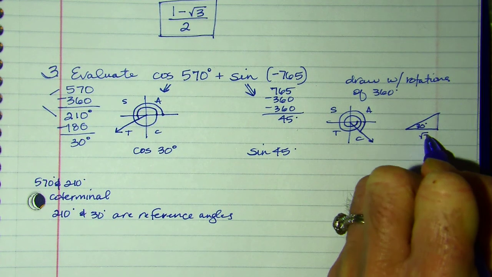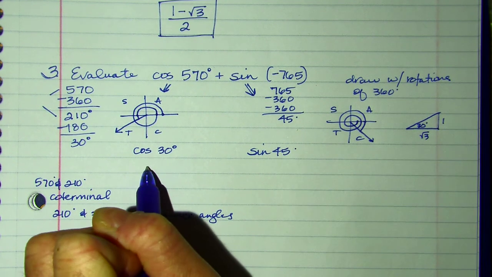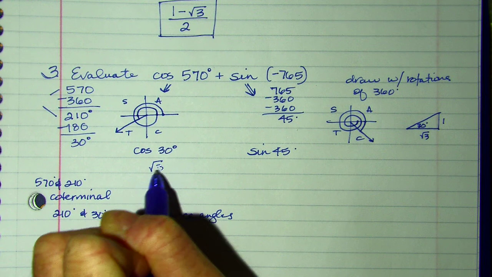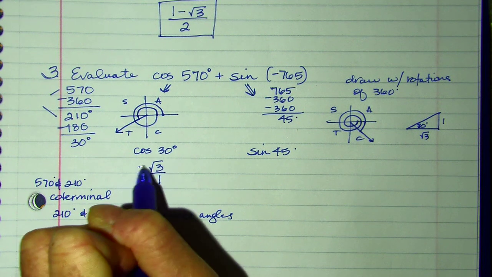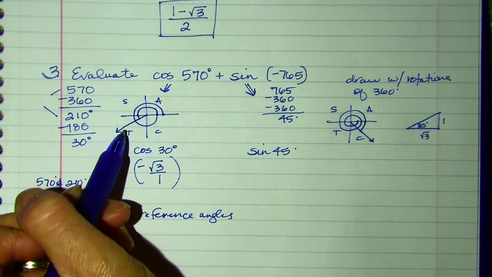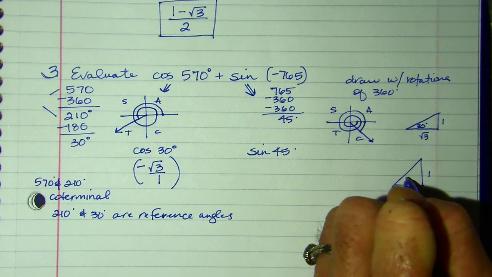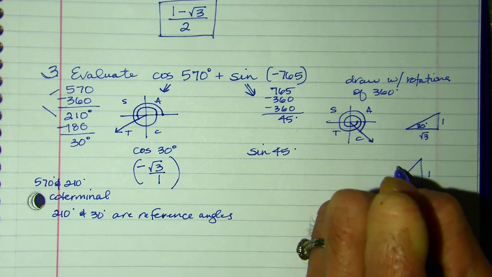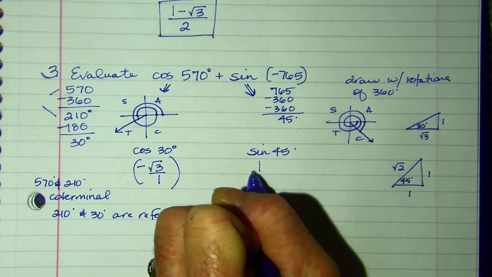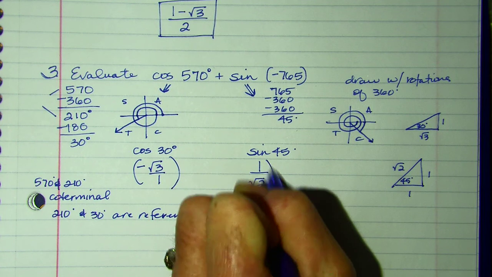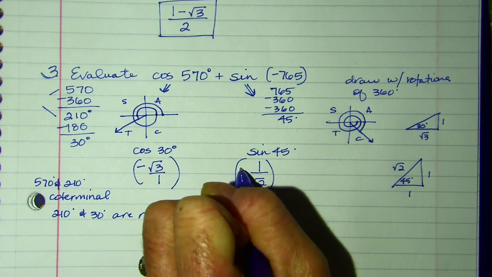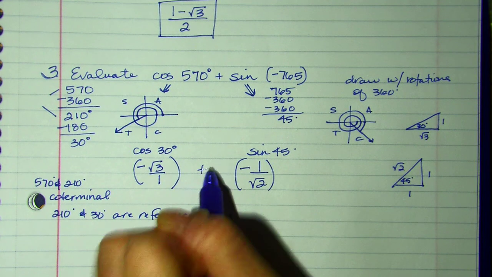So this would be root 3 over 2. But I know I am negative because I was in quadrant 3. The sine of 45, doesn't matter which 45 you use, it's going to be 1 over root 2. But I know I am negative because I'm in quadrant 4.